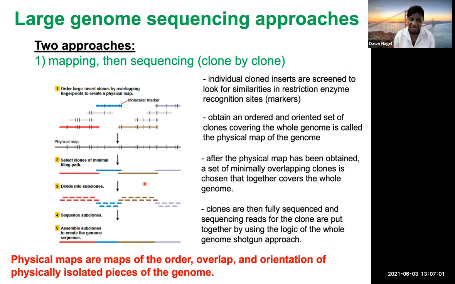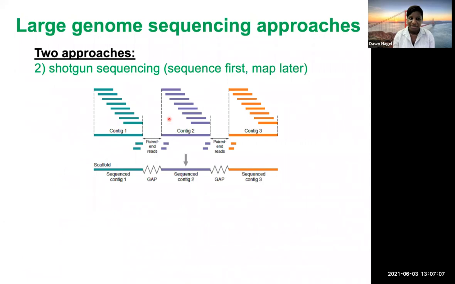In that case, having this physical map is definitely much easier and preferable than digesting two genomes and then trying to put everything back together, right? So it really depends on the genome that you're looking at, and what you know beforehand about that genome will determine which of these methods you use.